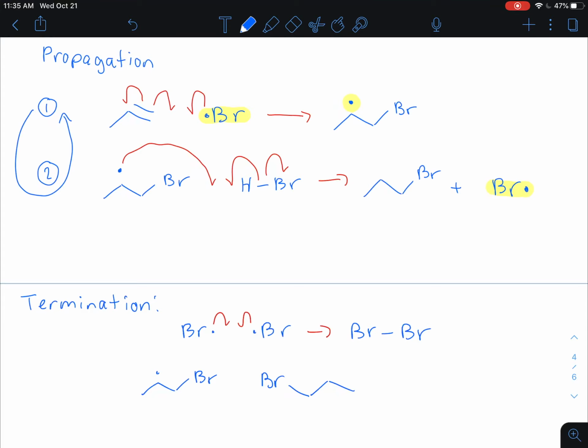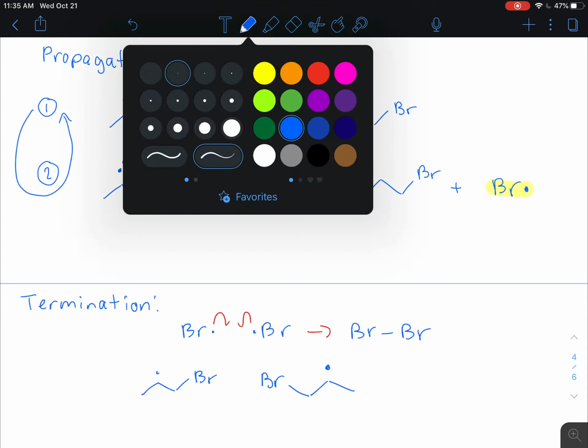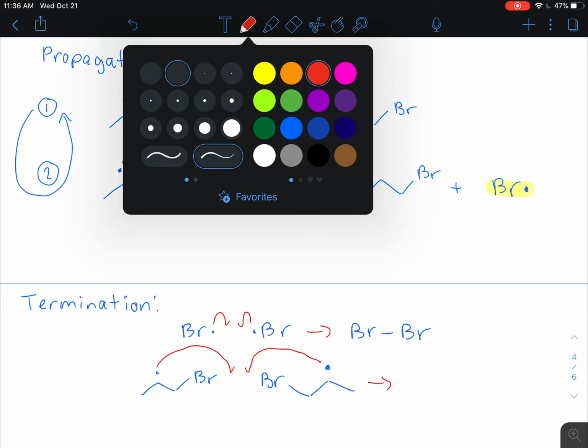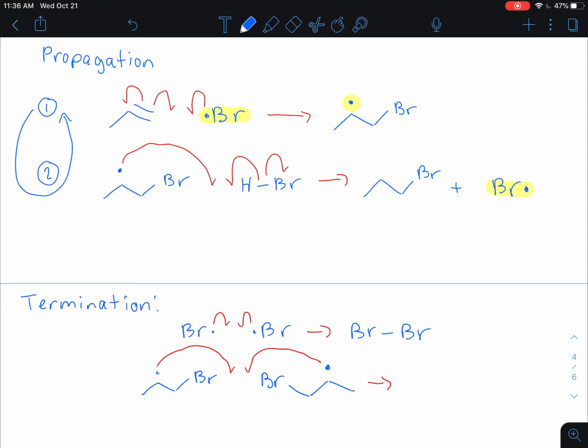So now we could imagine the two carbon radicals reacting together. My guess, just because of bulk, is that's kind of unlikely. And I'll number these after I draw it, just so we're clear what's going on.